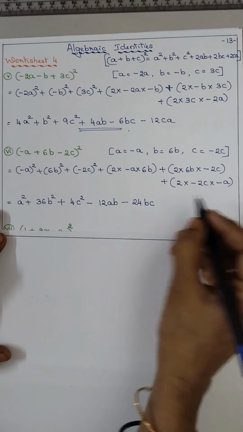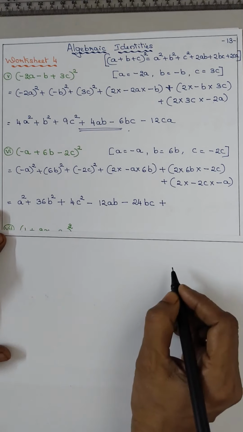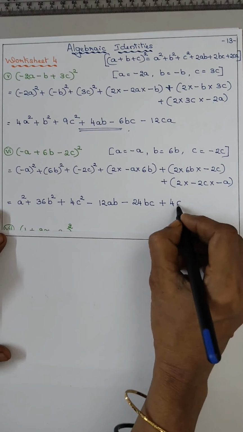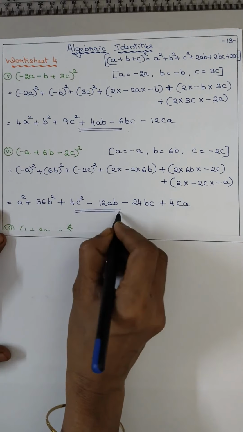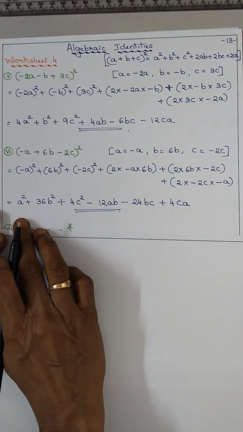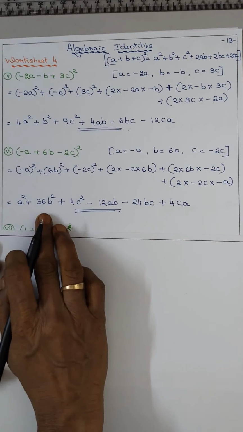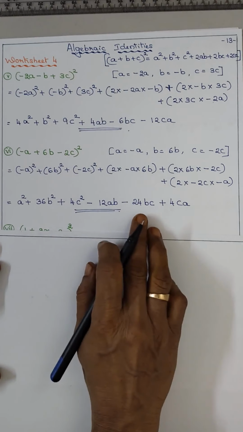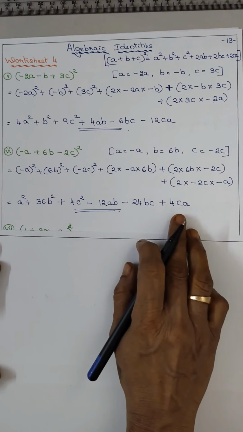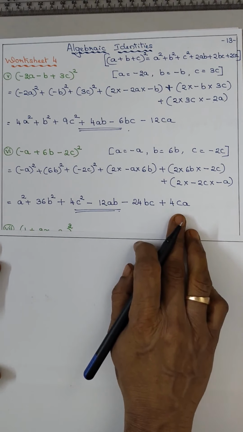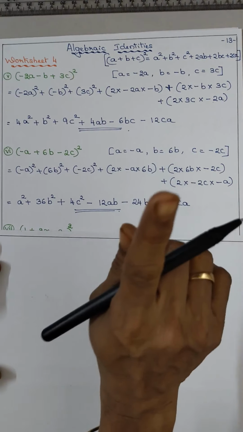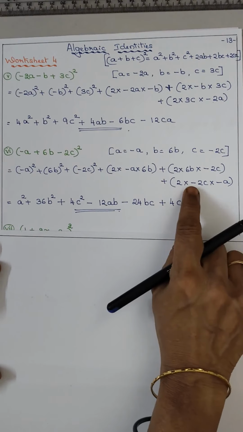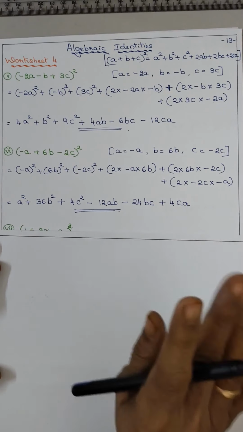Now 2 negatives, it becomes positive, 2 2s are 4ca. So the answer is a squared plus 36b squared plus 4c squared minus 12ab minus 24bc plus 4ca. याद रखो ब्रैकेट के अंदर 1 नेगेटिव, द आंसर विल बी नेगेटिव, 2 negatives, the answer will be positive.